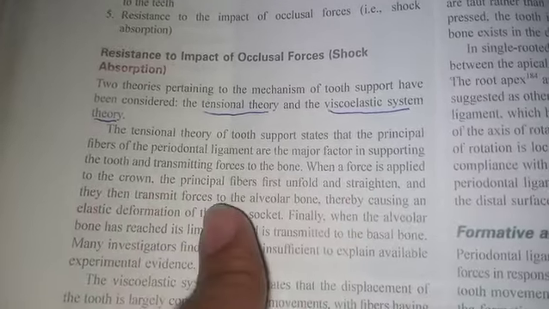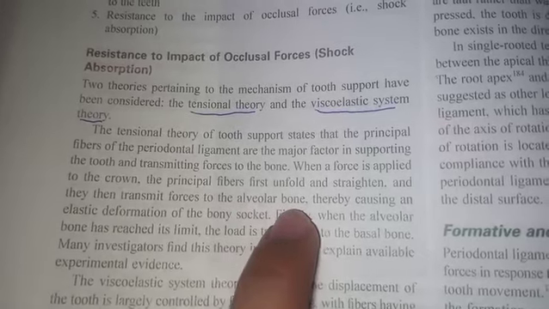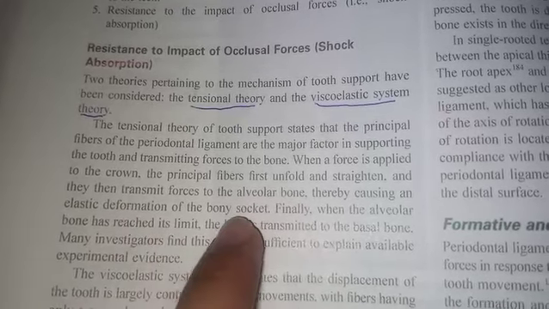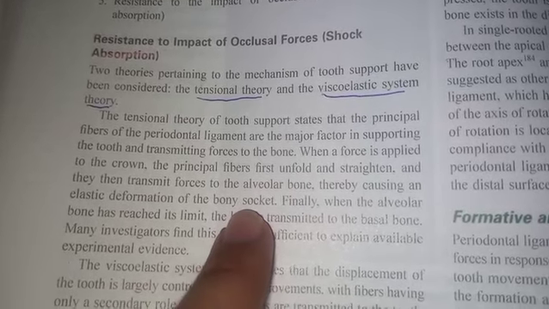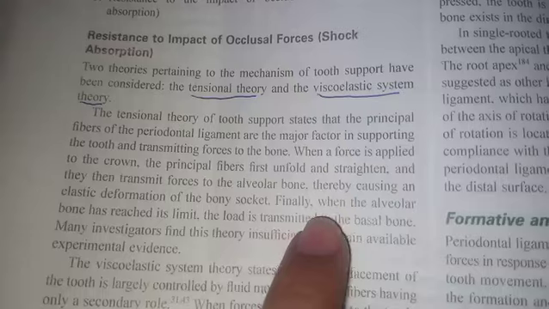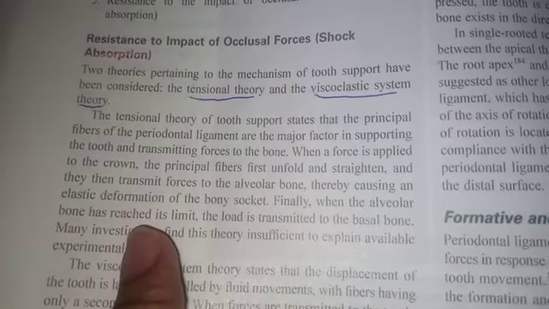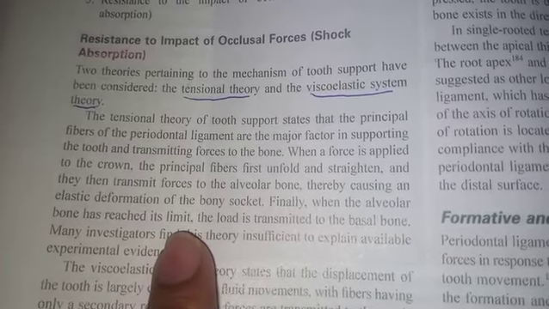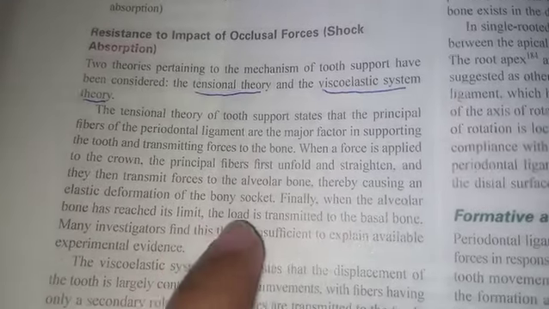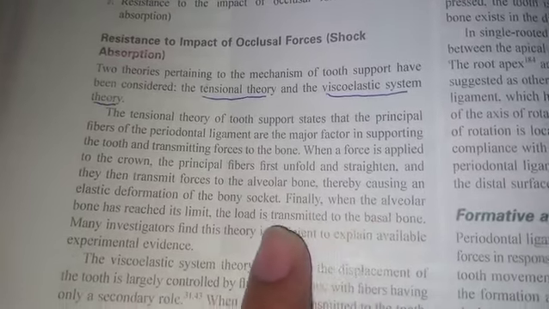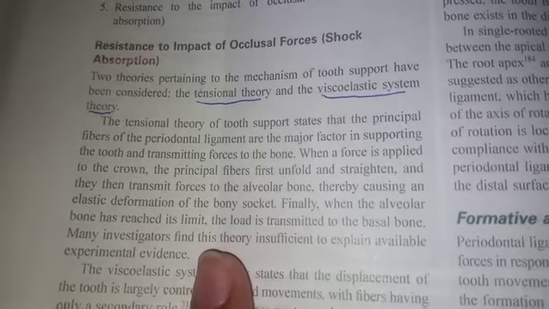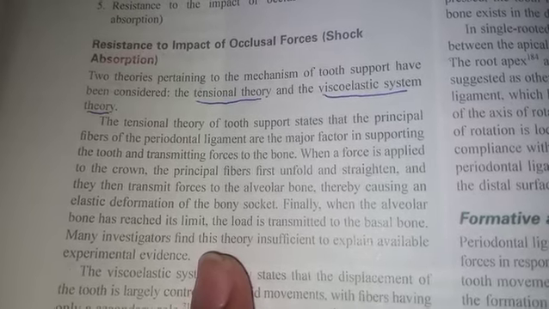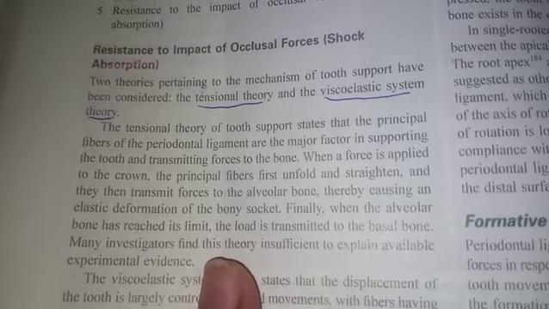Then these forces are transmitted to the alveolar bone, causing elastic deformation of the bony socket. But finally, when the alveolar bone has reached its limit, meaning it cannot tolerate further load, the load is transmitted to the basal bone. But many investigators say that this theory is insufficient to explain the available experimental evidence.